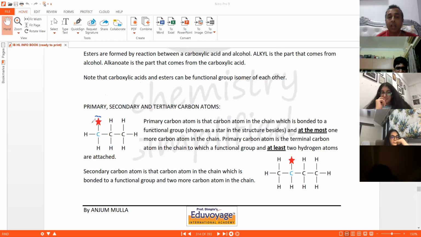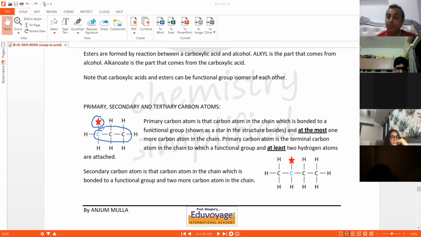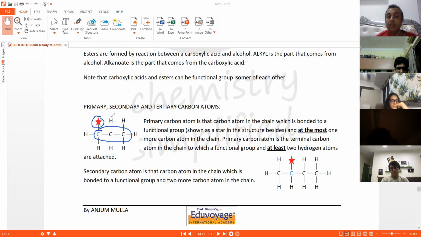If the star is on the first carbon in the chain, then that's my primary carbon atom. Primary carbon atom is basically that carbon atom which is bonded to only one more carbon atom. I repeat, primary carbon atom is that carbon atom which is bonded to only one more carbon atom, and that makes the entire compound a primary class.